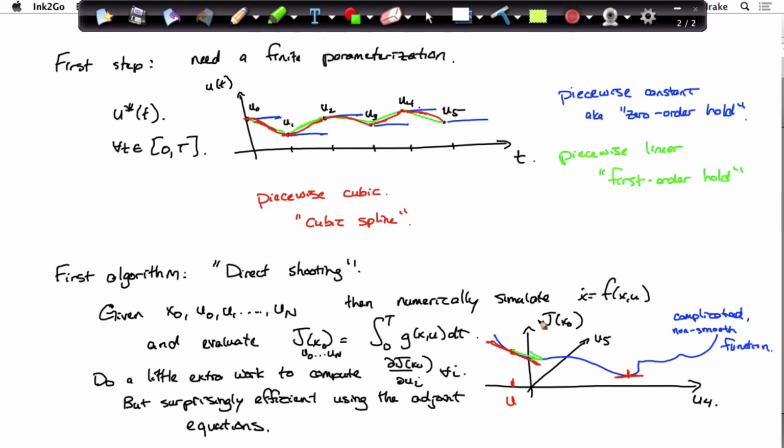Okay. Once I have that, I have an estimate of the slope, and I'd like to somehow move down here. Now there's a couple algorithms for doing that, but almost never these days do we just do simple gradient descent. Typically we'll have some better algorithm. So let's talk for a minute about nonlinear programming, nonlinear optimization.